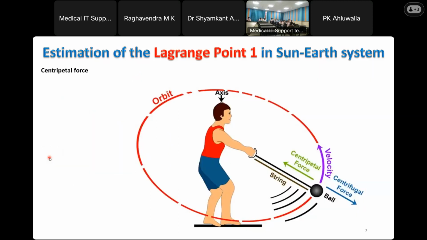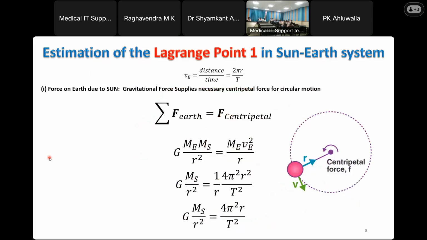Now, for estimation of the Lagrange point in the Sun-Earth system, one has to understand the centripetal force, which everyone has studied in our school times. Here, for estimating the Lagrange point, we have to understand the basic formula for velocity, that is distance upon time.